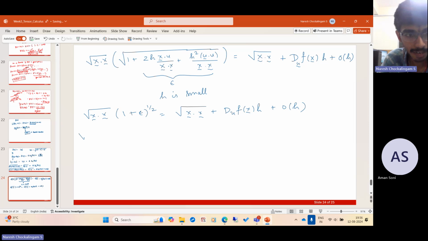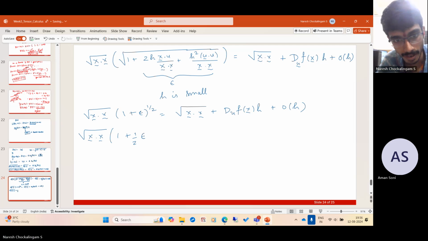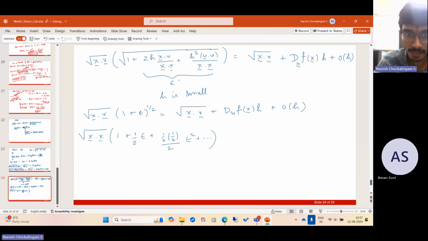So what is this? By binomial theorem, you can write it as 1 plus half into n into epsilon plus n into n minus 1 by 2 epsilon square and so on. Now note that epsilon is proportional to h, so you can take h commonly out.